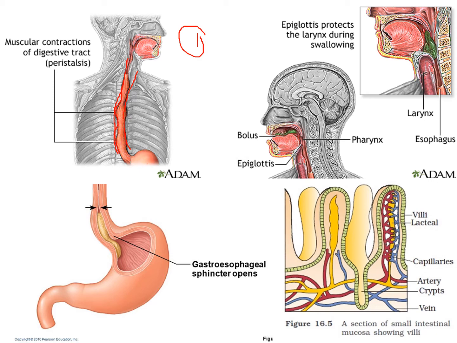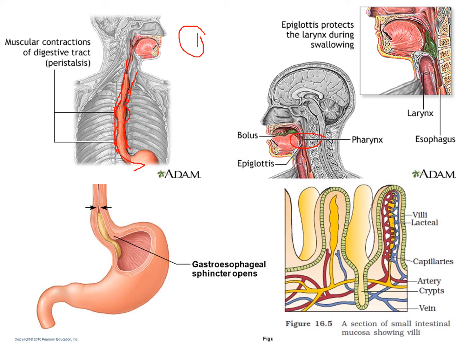Pharynx is the body cavity that connects the nasal and oral cavities with the larynx and the esophagus. Here you have the sphincter. Sphincter muscles are muscles which will constrict and relax. When constricted, they stop the food, and when relaxed, they allow the food to pass through.